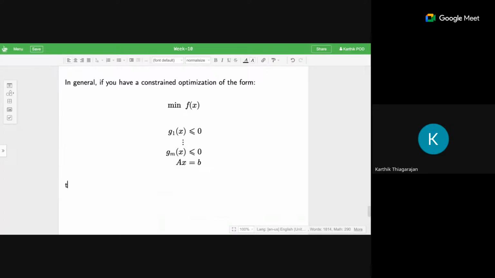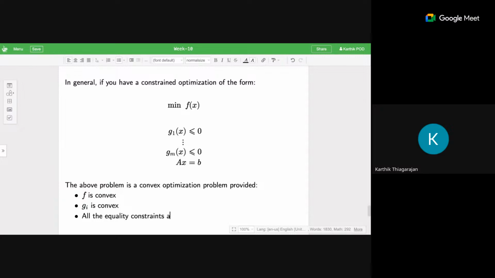So the above problem is a convex optimization problem provided the following hold. f is convex, the objective function obviously has to be convex. All the inequality constraints gi are convex, and all the equality constraints are affine.